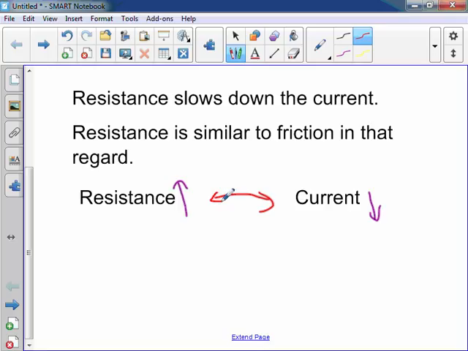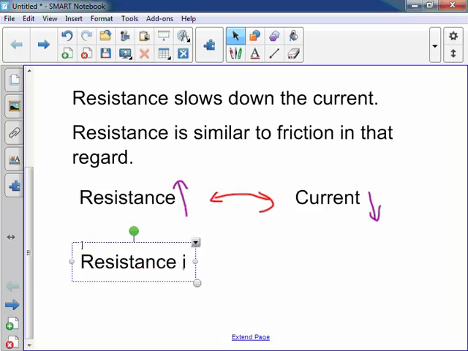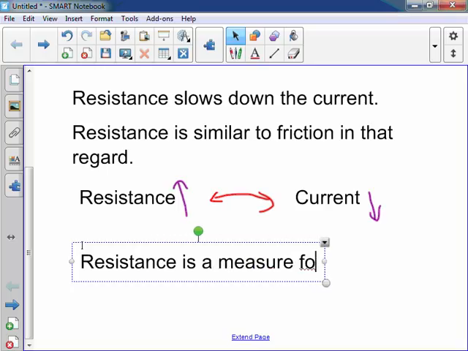Before we derive that final formula for resistance, I do want to give you the proper textbook definition of resistance. And that one is really nice, even though it does sound a little weird at first. It reads like this: resistance is a measure of opposition to the current.